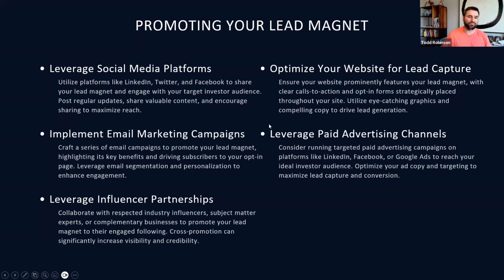Paid ads, also very effective. I must admit, I was not a big believer in paid ads through social media platforms, but I have been converted. They absolutely do work, and I would recommend using them. You've got to pay to play, right? 50, 100 bucks a day sometimes is what it takes.